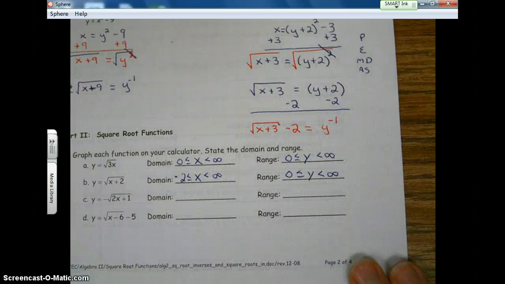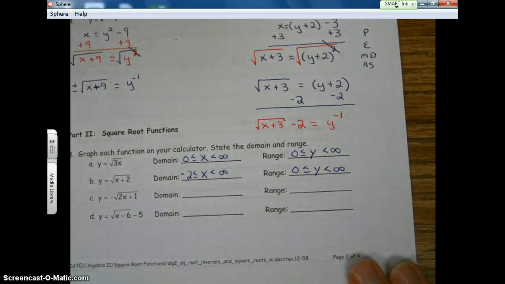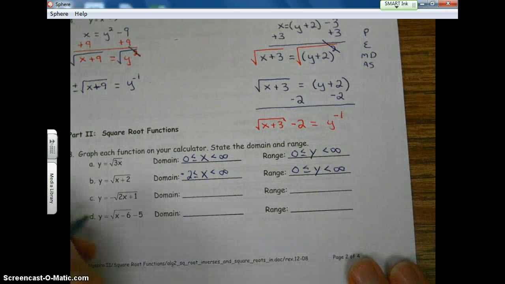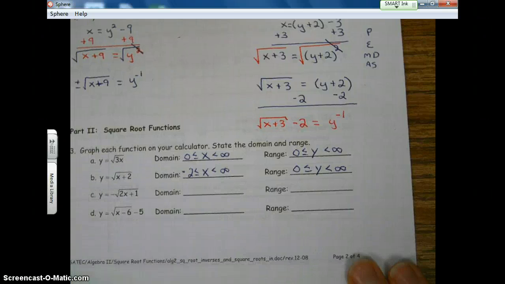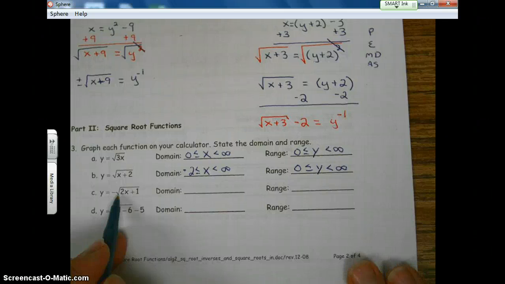I think you get the picture. All right. You don't have a calculator, so you probably can't do these at home. But let's go over these parameter changes real quick here. Here we have a reflection over the x-axis.